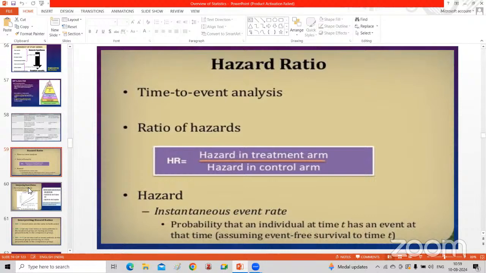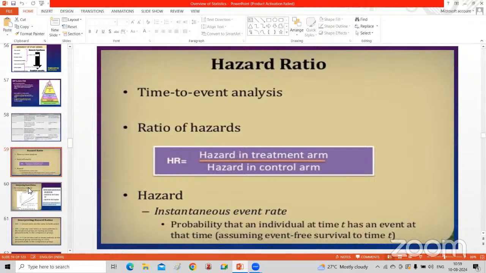But in a hazard ratio, a person traveling on a cycle for a period of 1 day will have a higher risk than a person traveling in a car on the same day.